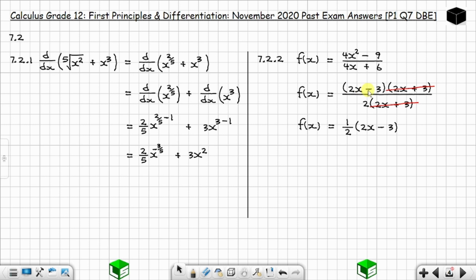Okay, and now from here you can see this is simple. You can now take the first derivative. Unlike before, when this was not simple to differentiate, from here it is simple.